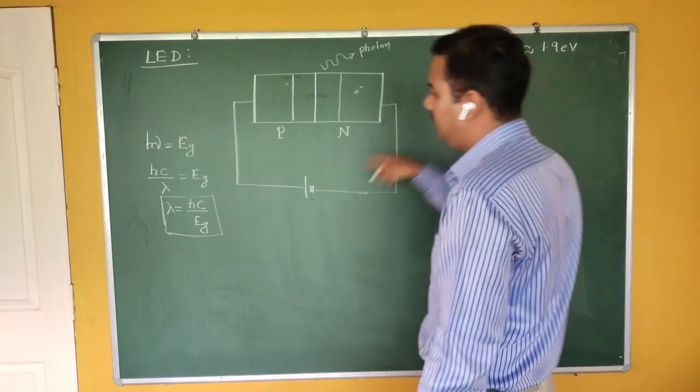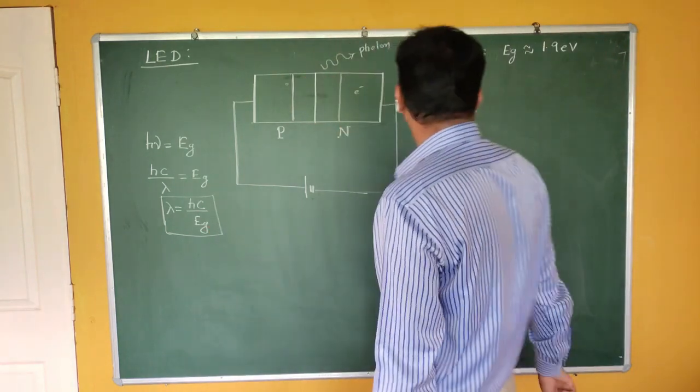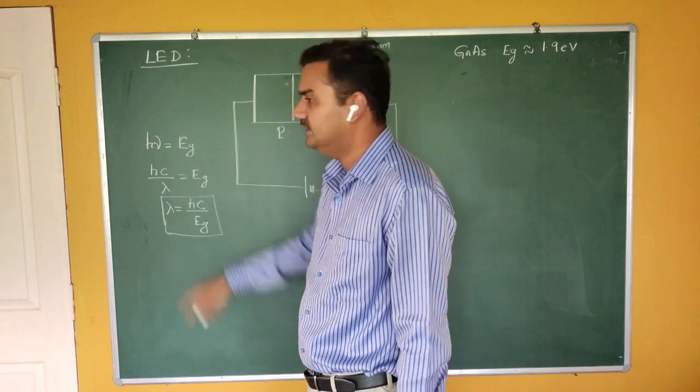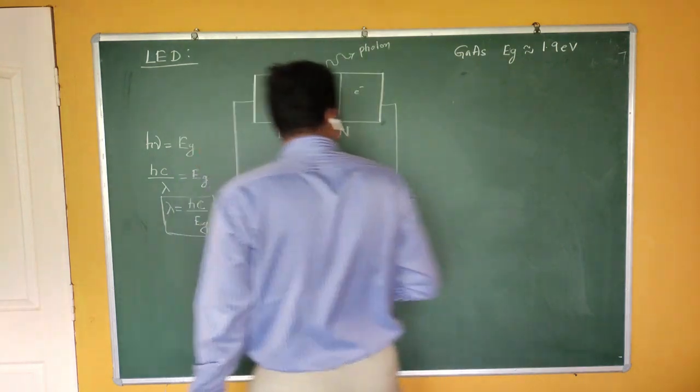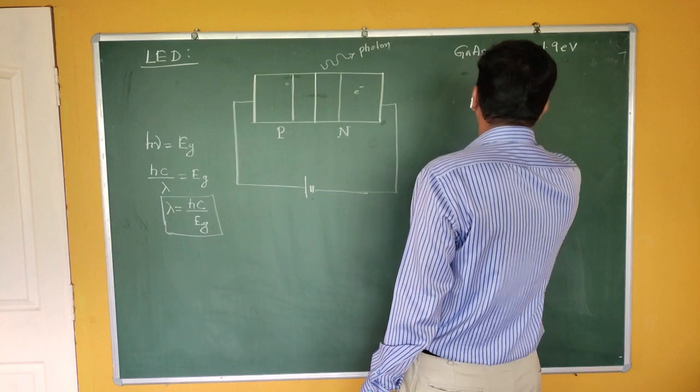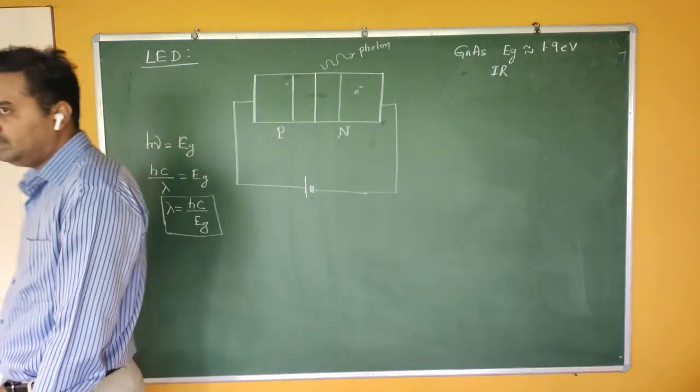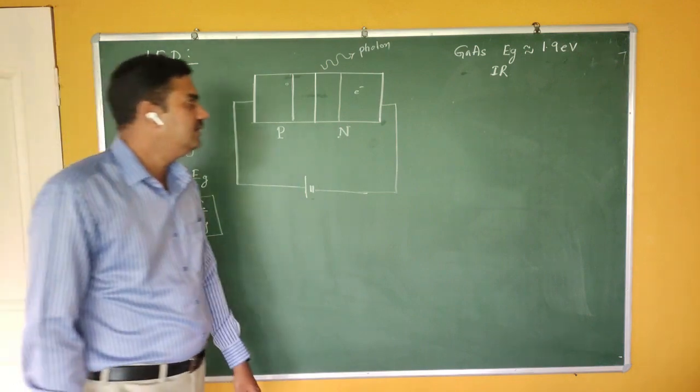If you put 1.9 electron volt in place of Eg, you will get the wavelength corresponding to infrared radiations, IR radiations.